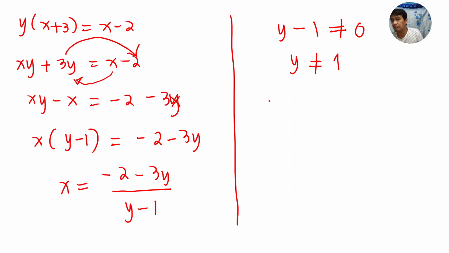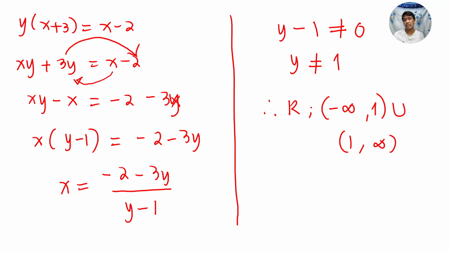Therefore, our range is negative infinity to 1, union with 1 to infinity. It should not be equal to positive 1. That must be the range of the given function, because we could easily express it as a function of y.